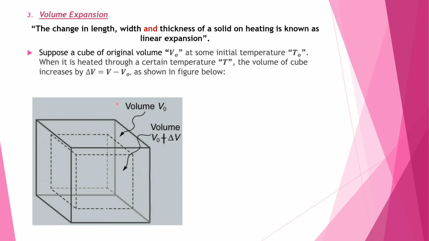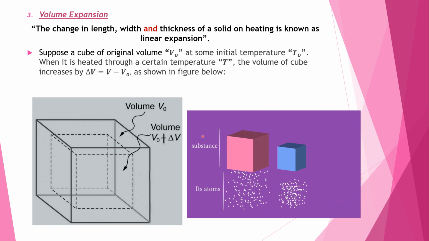So in this diagram, the cube that is drawn by dotted line shows the initial volume, and this cube shows the final volume, which is equal to V naught plus delta V. And this diagram just shows the motion of molecules due to heating a substance.